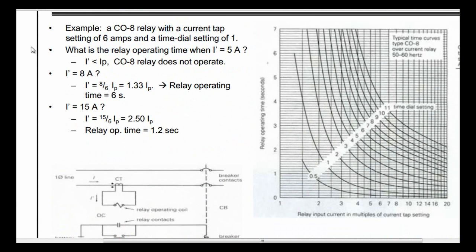This is an example. We have a C08 relay with a current tap setting of 6 amps and a time dial setting of 1. So let's say we have a current on the secondary side of the current transformer of 5 amps.